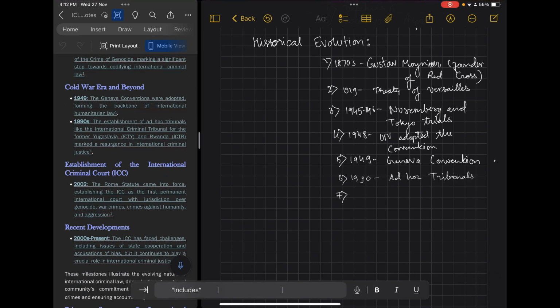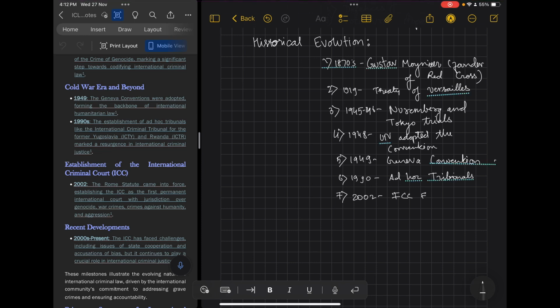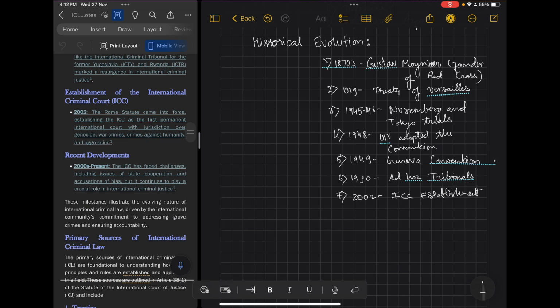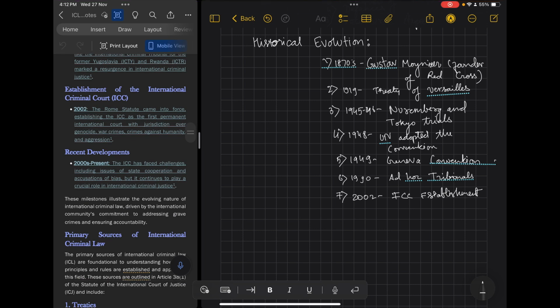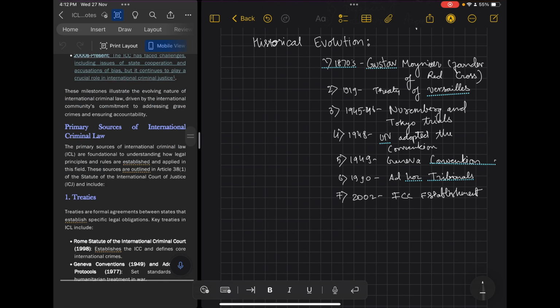The establishment of ICC in 2002. And then it continues after, so it is growing.